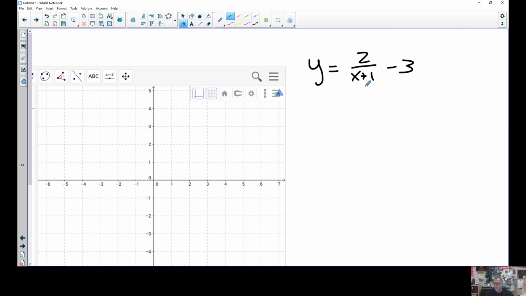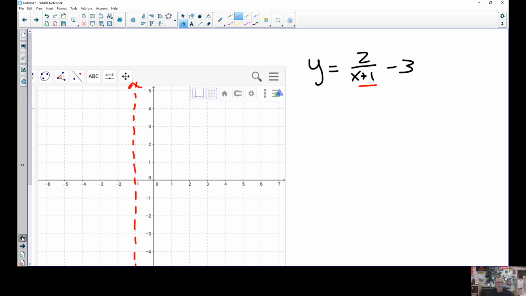Well, if the entire graph is shifting left 1, isn't that going to make this vertical asymptote shift left 1? So we would have to have a vertical asymptote now here. If every point on that original graph, that graph we had before, shifts left 1, then it stands to reason that this would.